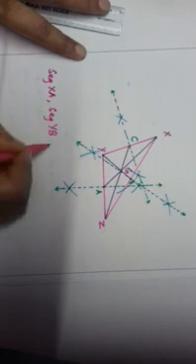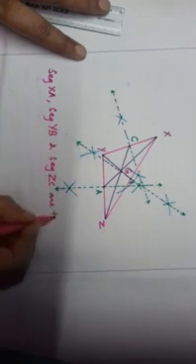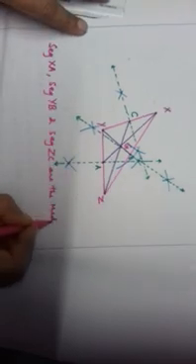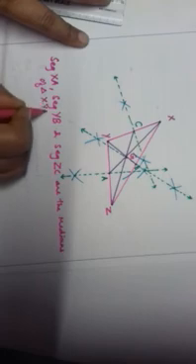Okay children, understood? And in this way we have to write down the answer. Now here the medians XA, YB and ZC are the medians of triangle XYZ. In this way we will write: segment XA, segment YB and segment ZC are the medians of triangle XYZ.